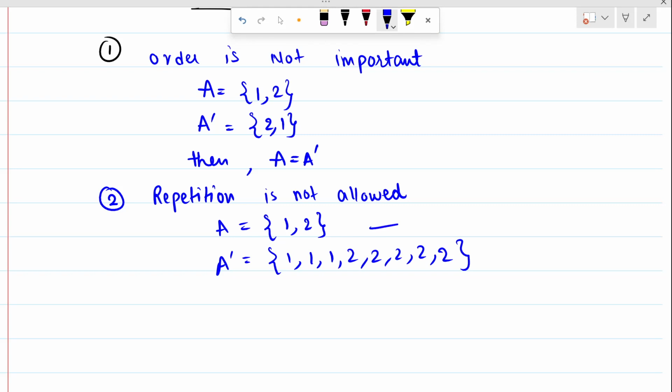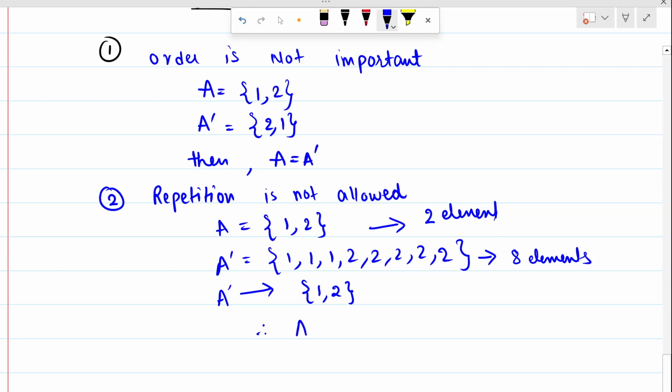So in the set A we have two elements, and in set A dash we have eight elements. Since repetition is not allowed, A dash is reduced to 1 comma 2. Therefore A dash is equal to A. So repetition is not allowed and order is not important when writing a set.